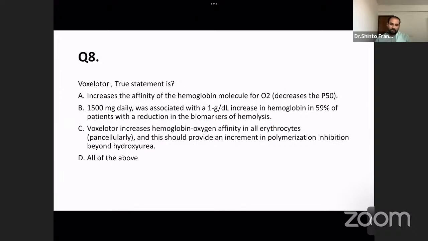Voxelotor. Okay, it's a true statement. So basically, it is a drug used in sickle cell anemia. It increases the affinity of the hemoglobin molecule for oxygen. 1,500 milligram daily was associated with a 1 gram rise in hemoglobin.